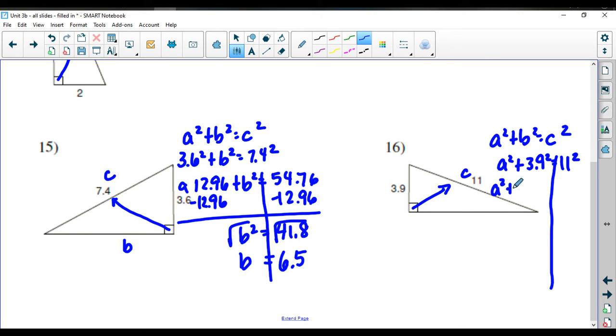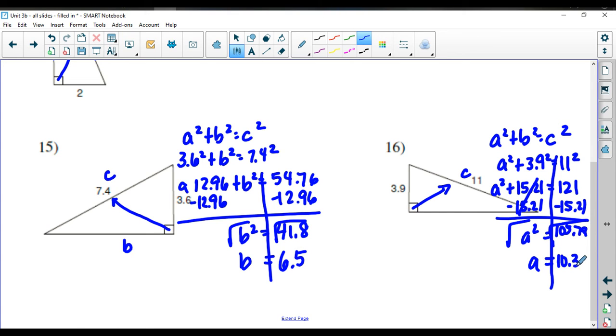So we have a squared plus 15.21 equals 121. Subtract away that 15.21. So I have 121 minus 15.21. I get 105.79. And those cancel, leaving me with a squared. Take the square root of both sides, and my a is equal to 10.3, and I do round up on that one.